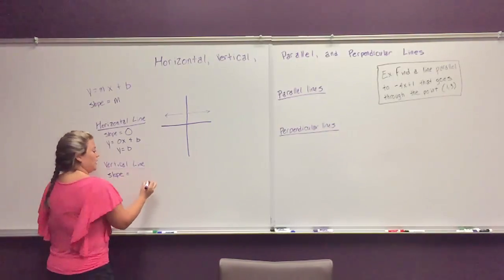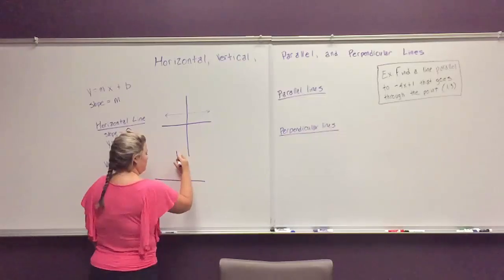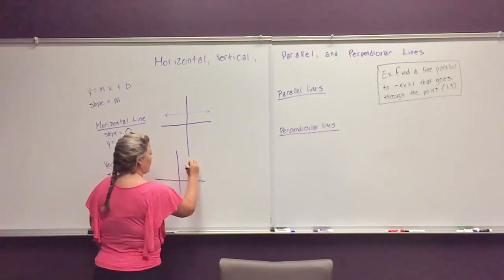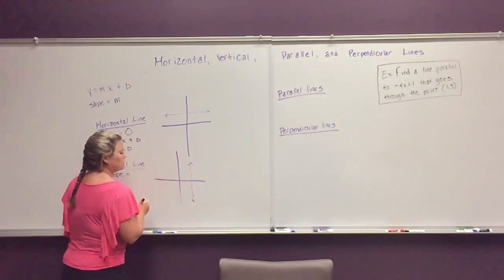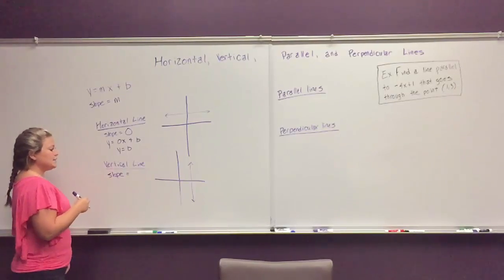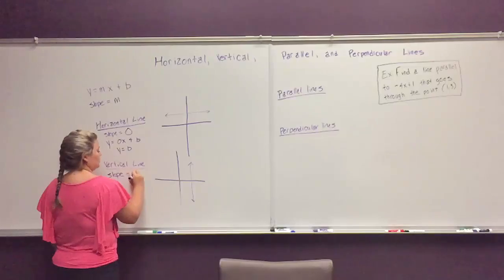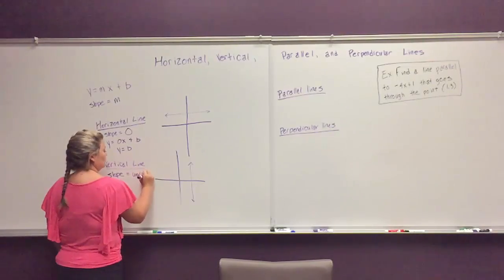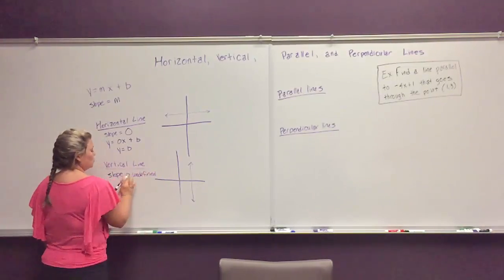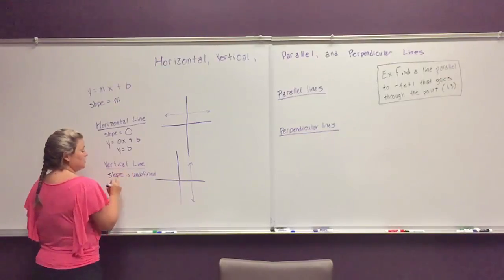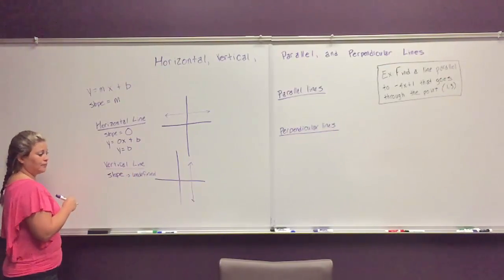With a vertical line, it goes the opposite way, and you have a line that looks like this. In this case, our slope is actually undefined. So we would say our slope is undefined.